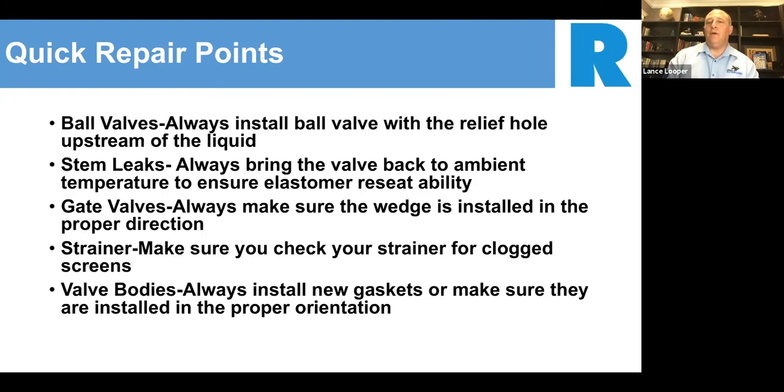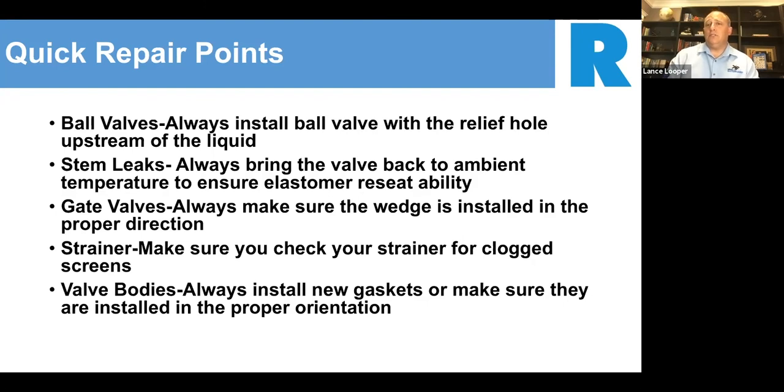They were put in by the manufacturer. When they're under cold cryogenic temperatures, they tend to misform and misshape within the valve. If you go out to a valve and try to lock down on that nut to stop the leak, there's a very strong possibility you could even make it worse.